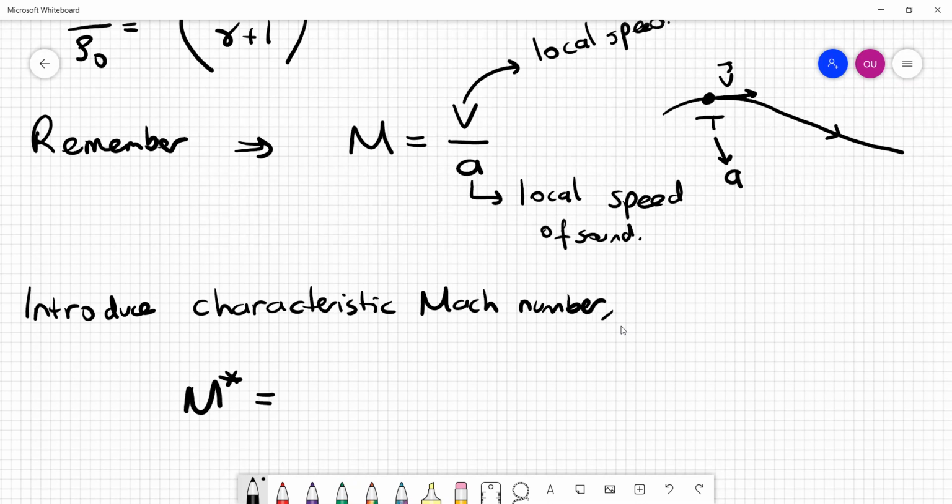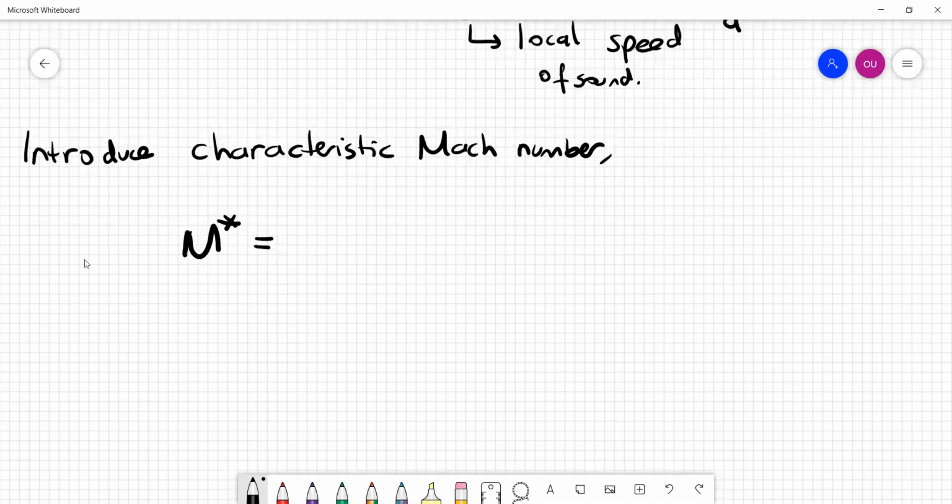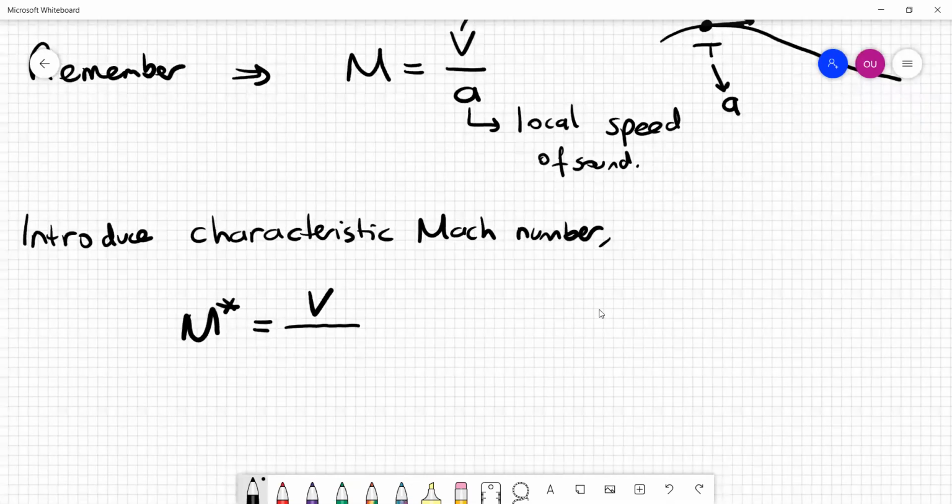This is defined as the local velocity V, the same V as in the Mach number relation, divided by a star. So this is again the local flow speed, but now this is different. This is not the local speed of sound anymore.